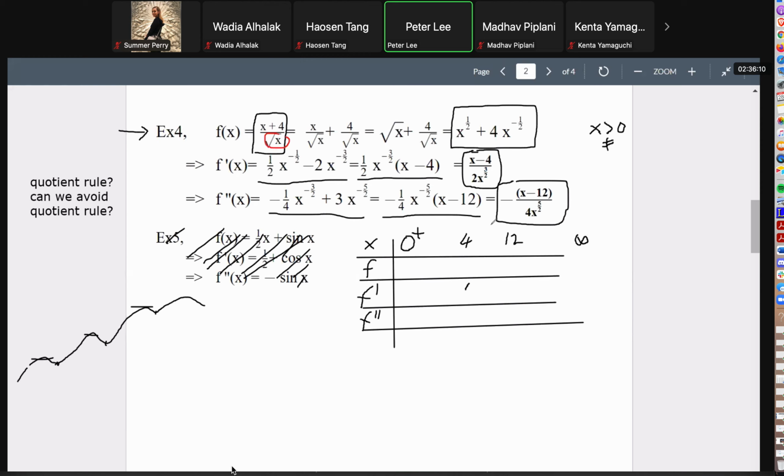When x is bigger than 0, that will be a plus. Then when it crosses over 4, it will be a minus. Yes, it will be a minus. Oh, wait a minute. Is that right? Yes, it is. Am I getting mixed up here? One second here. I think I might have made a mistake. Did I make a mistake?